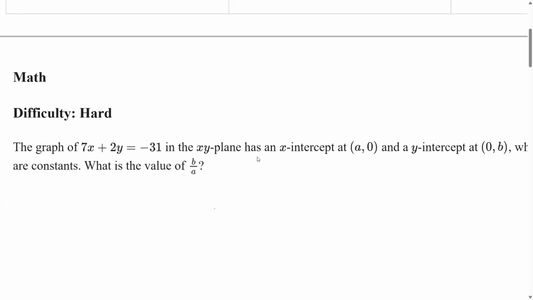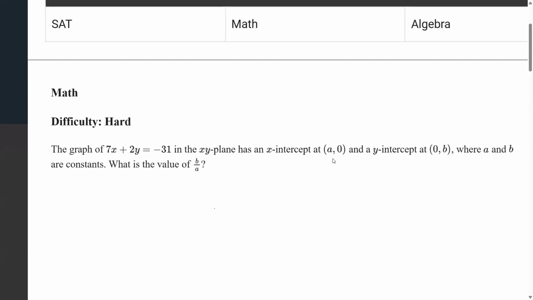The graph in the xy plane has intercepts at A, 0 and 0, B, where A and B are constants. Also find the value of B over A. We just find the intercepts and let's find them. Substitute y with 0 and x with A. Then A equals minus 31. Y is equal to minus 31 over 7.